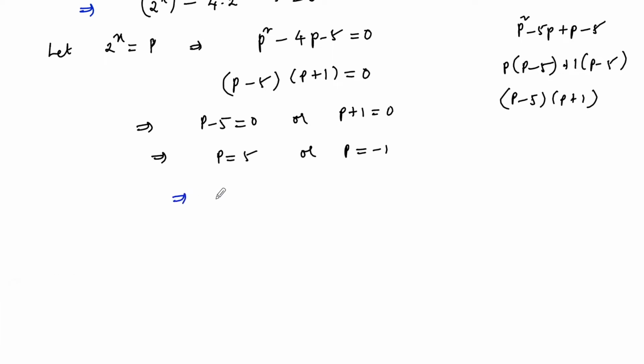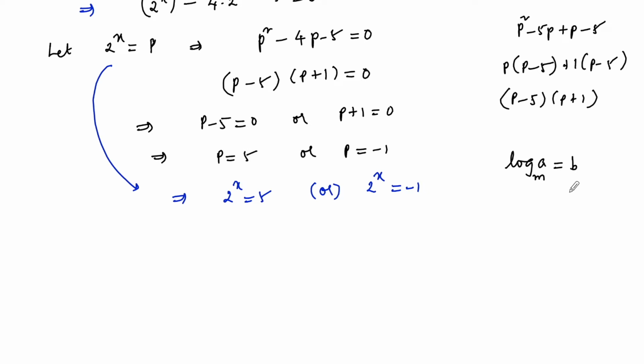So p is nothing but 2 power x, let us consider back. So 2 power x is equal to 5 or 2 power x is equal to minus 1. And since we know the conversion of logarithmic form to exponential form, log a to the base m is equal to b implies m to the power b is equal to a.